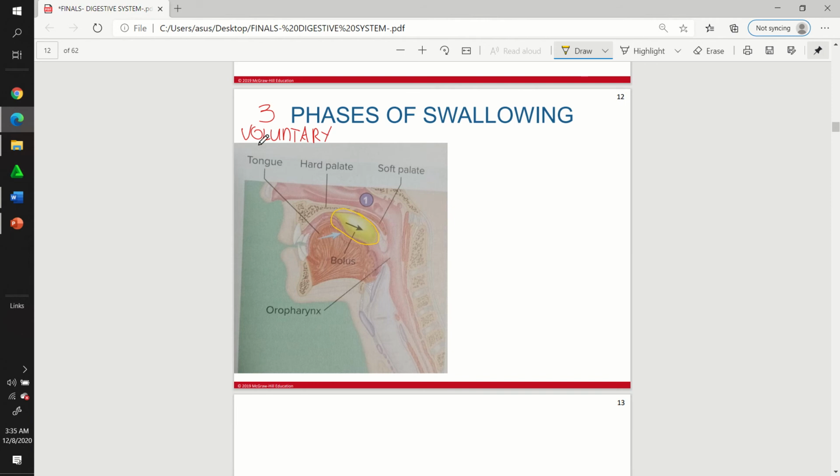The tongue pushes the bolus against the hard palate. This forces the bolus towards the posterior part of the mouth into the oropharynx. And that is what is happening in your voluntary phase.